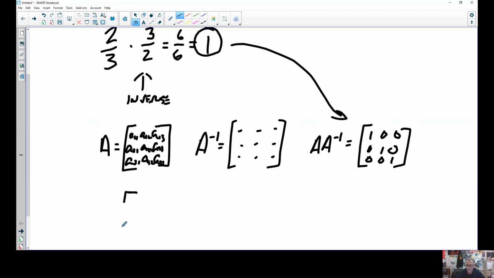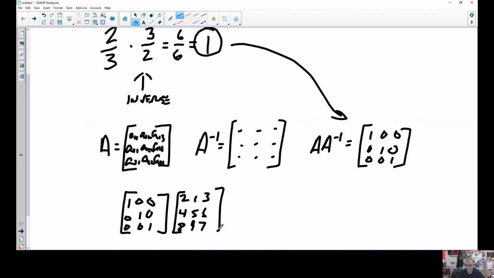Because if I take this and multiply it by any matrix, what you'll find is, of course, we have a 3 by 3 matrix times a 3 by 3. We get a 3 by 3. If I do this row by this column, what happens? 1 times 2 puts 2 here, and all others are zeros.